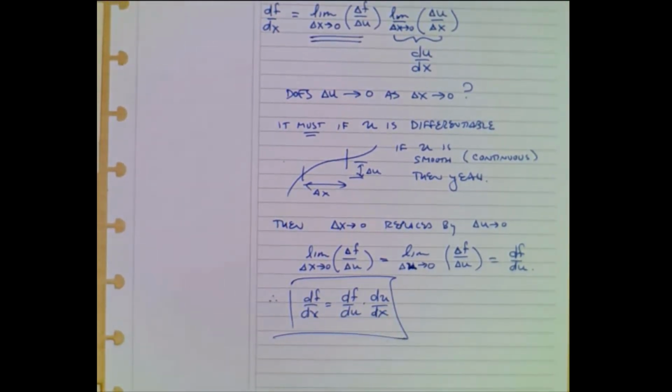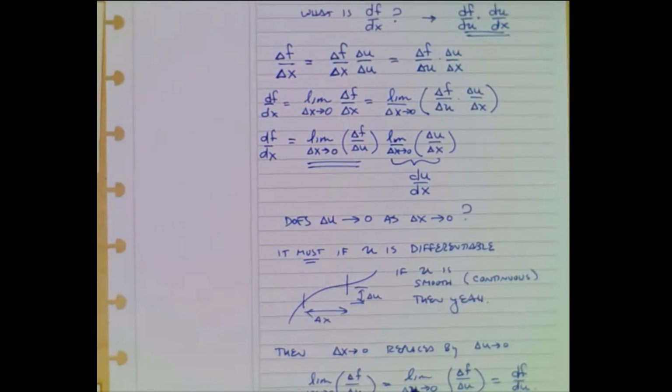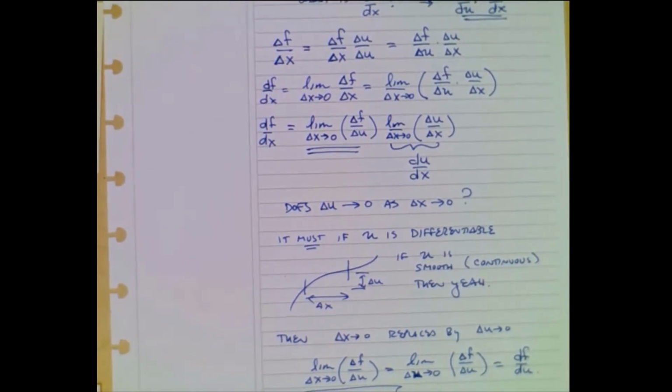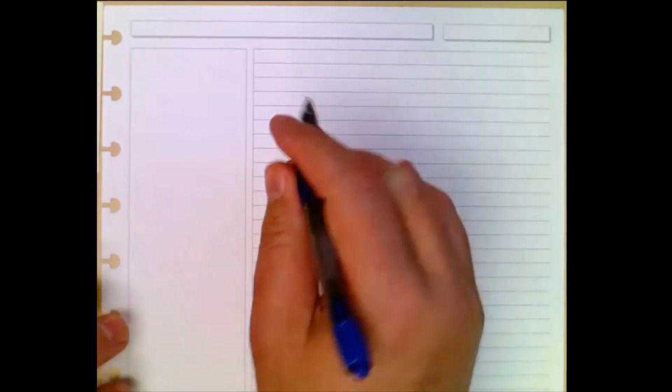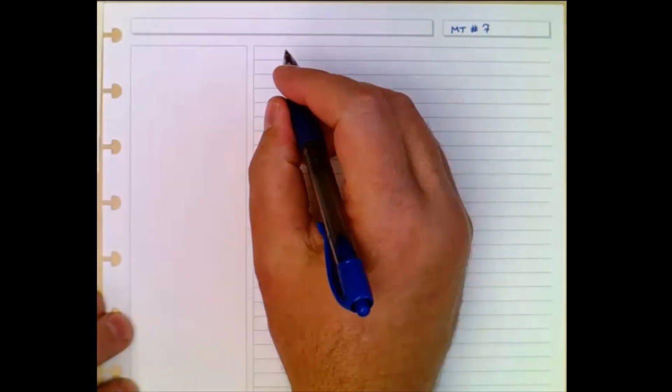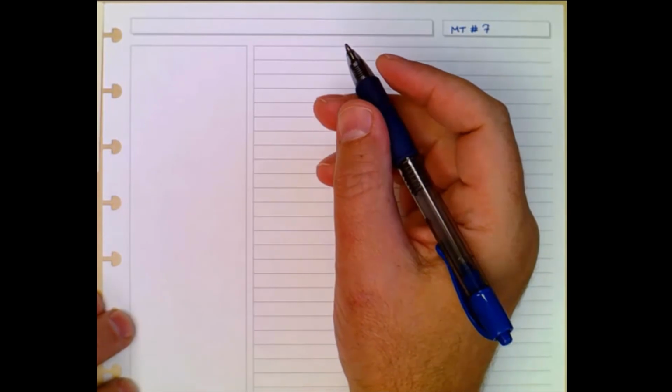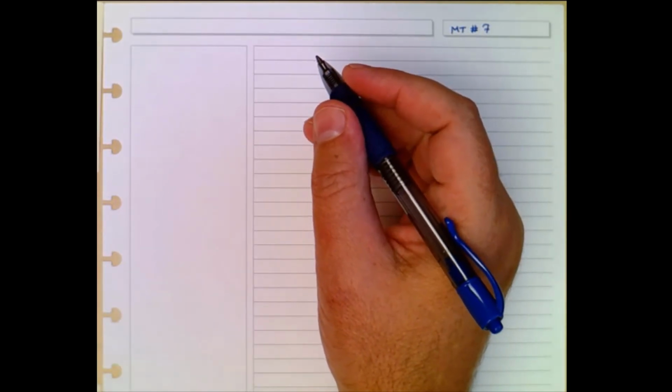So the chain rule will come up again and again and again throughout time. Just to give you one quick example here, which you will see when we deal with circular motion and so forth, and even simple harmonic motion.